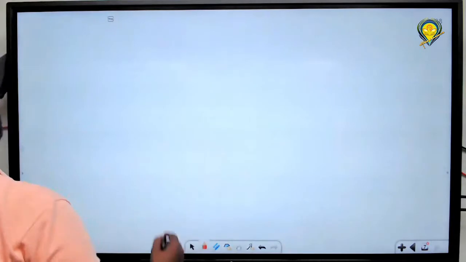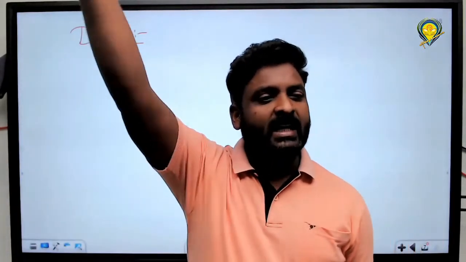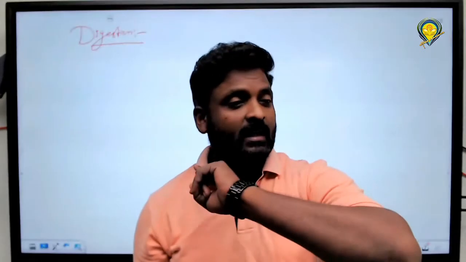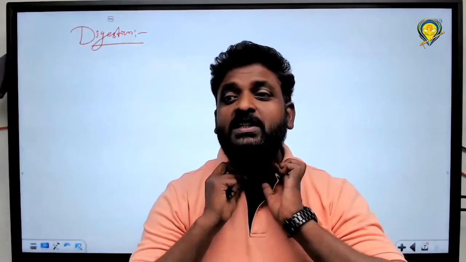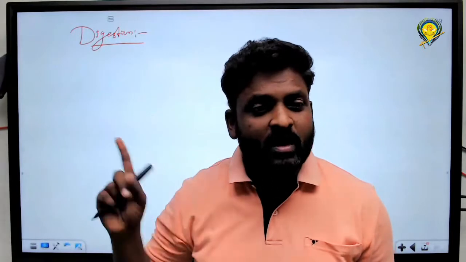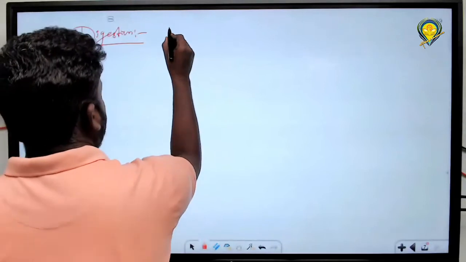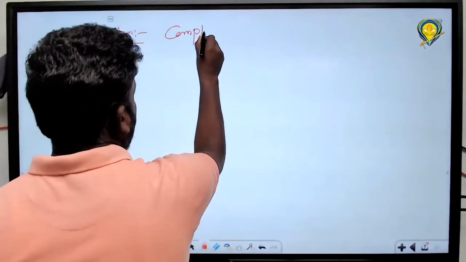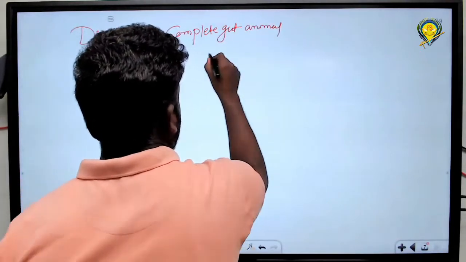Okay, right. Next one. Tell me about digestion. Incomplete gut or complete gut? Complete gut means having two openings. One serves as a mouth, another one is the anus, right? Anterior is the mouth, posterior is the anus. And you have to know another thing: there is no cephalization, which means there is no distinct head. So in digestion, we can see it is a complete gut. Complete gut animals have how many openings?